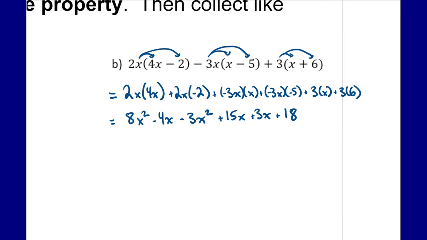What we need to do now is go through and find like terms. So again, there's an x squared, there's another x squared, there's a negative 4x, a 15x, a 3x, and then we have a constant on the end. Once we've found our like terms, we can go through and collect them. 8x squared minus 3x squared, 8 minus 3, is 5x squared.